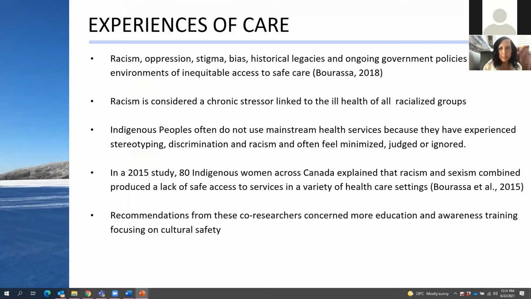In terms of experiences of care, Indigenous peoples often do not access healthcare because of racism, oppression, stigma, bias, and the historical legacies and the ongoing government policies that have been created that lead to inequitable access to safe care. Racism is considered a chronic stressor that is linked to the ill health of all racialized groups, and in particular Indigenous peoples.